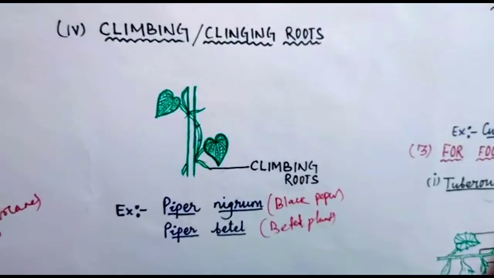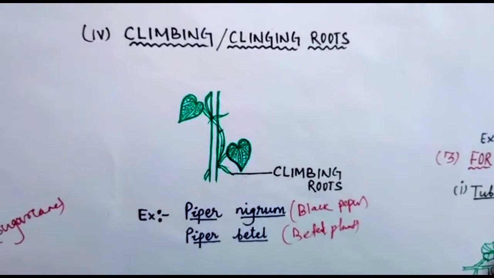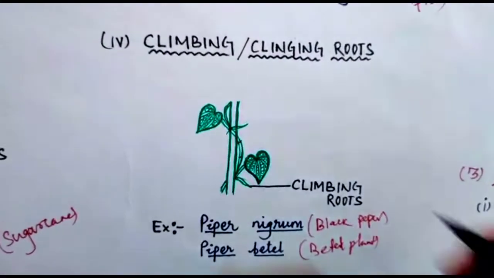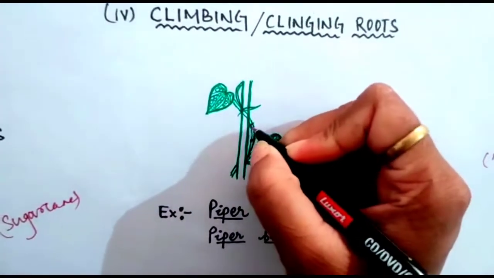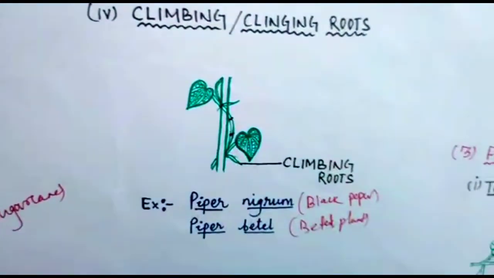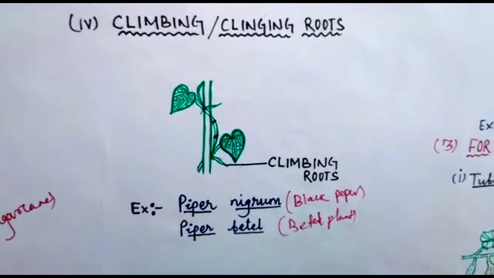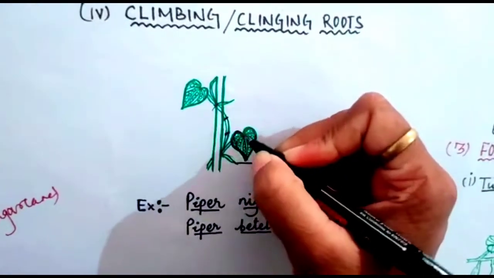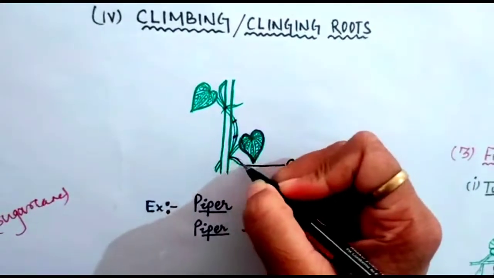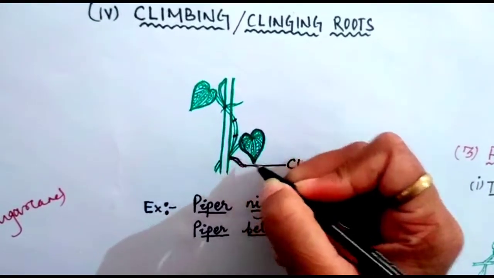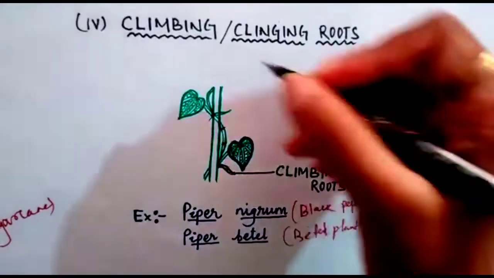In this case, the stem is very soft and slender and there are distinct nodes and internodes. From this node, on one side the leaf arises and on the other side arises a slender structure.